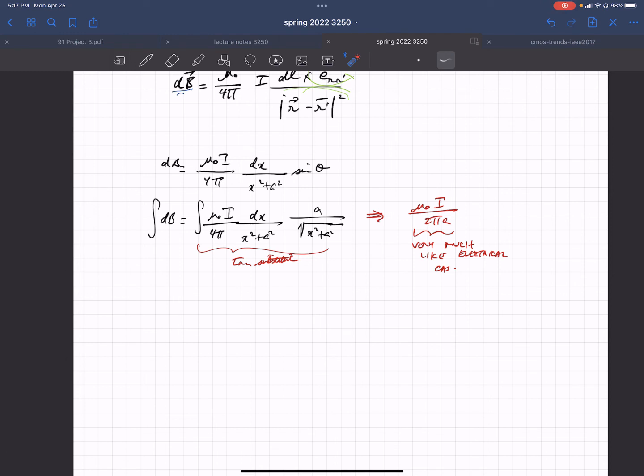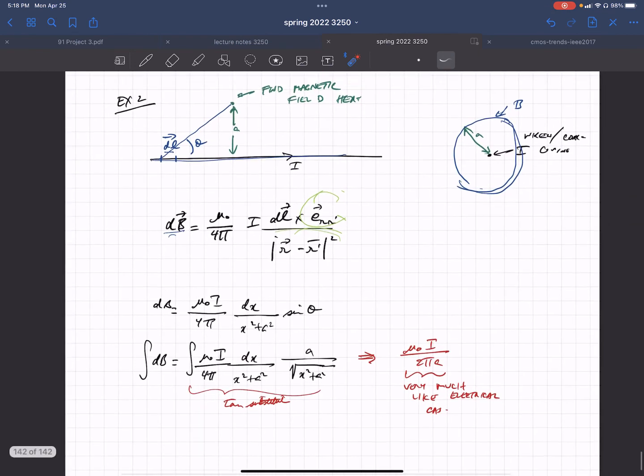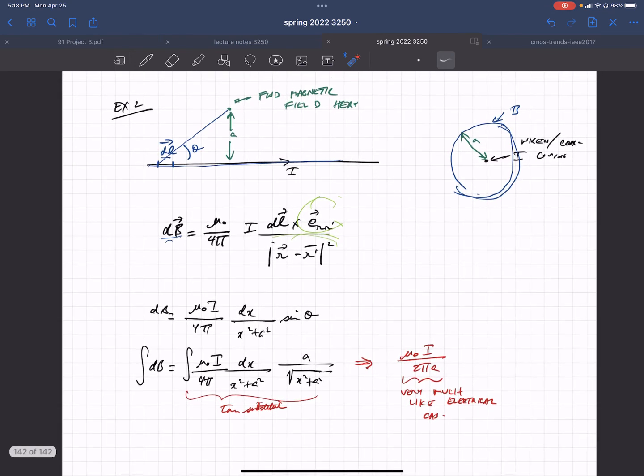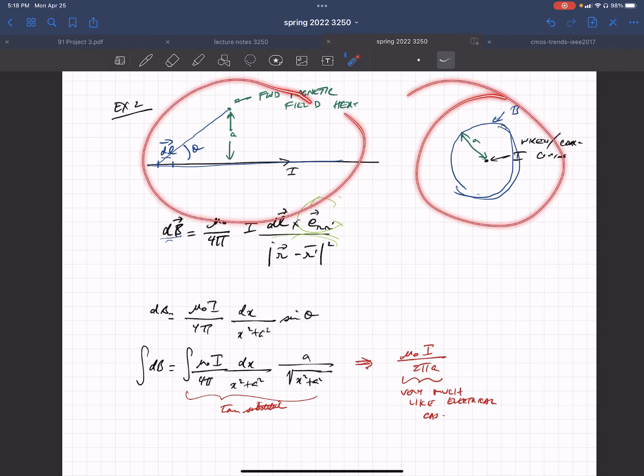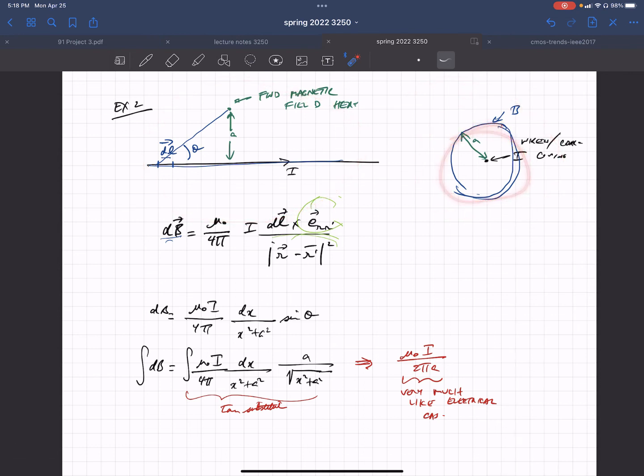Okay, all right. So this gives us a view of why, going back to our initial graph here, with the magnetic field pointing in these directions.